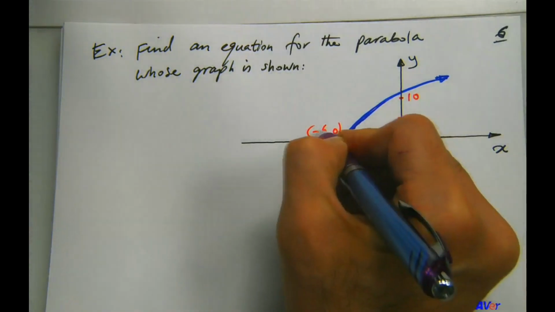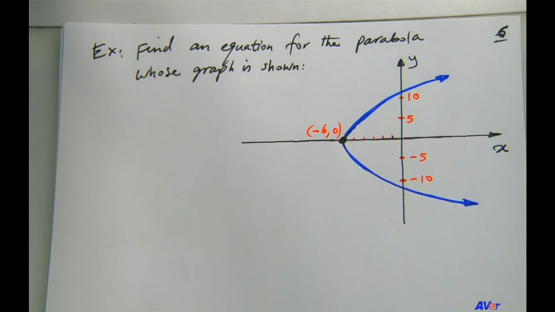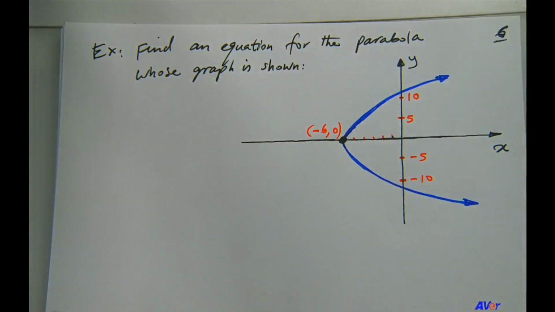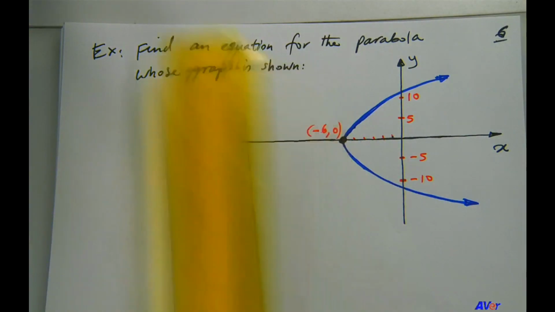Negative 6, comma 0. Okay, so they also tell us where the directrix is.